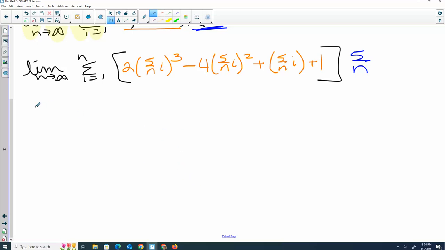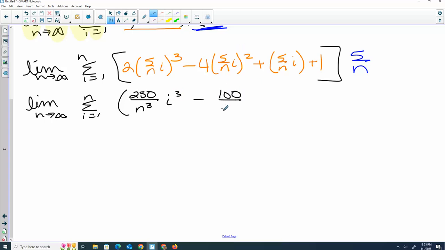So now we start simplifying. So 5 cubed is 125 times 2 is 250 over n cubed i cubed. 25 times 4 is 100 over n squared i squared. 5 over n i plus 1. I'll have to multiply my 5 over n.